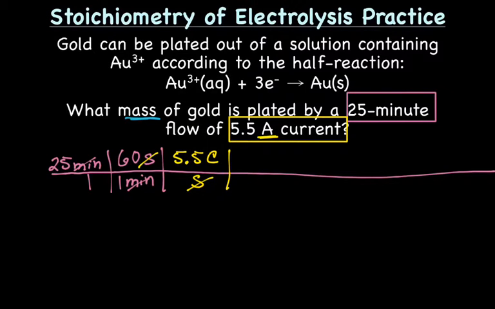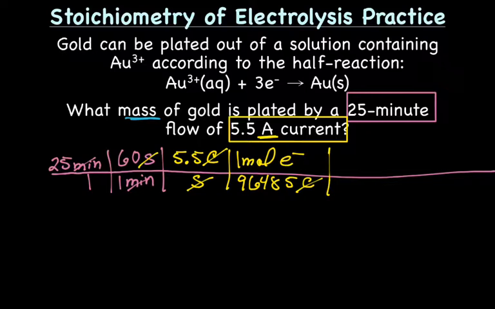So I want the C on the bottom, so I have 96485 C on the bottom and 1 mole e on the top. So C's cancel out, and we're left at mole, and hopefully this is starting now to feel like familiar territory.